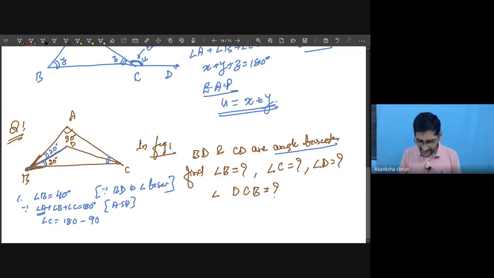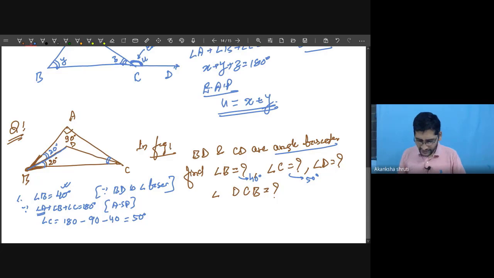It is given as 90, plus angle B that we have already calculated here, 40. So how much does it become? It becomes 50 degree. So angle C we have calculated as 50 degree. B we have calculated as 40 degree.